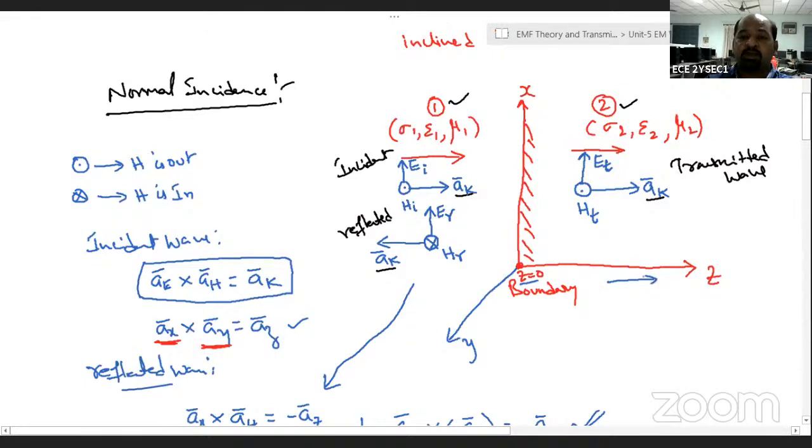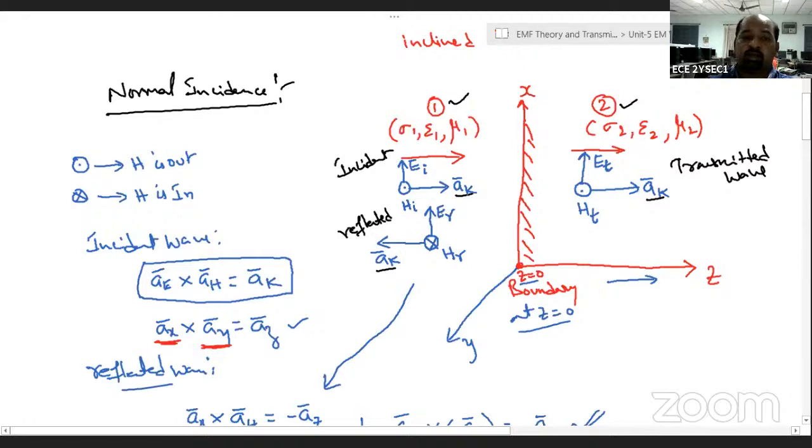We can represent the incident wave, reflected wave, and the transmitted wave like this, as shown in the figure. The incident wave consists of incident electric field EI and incident magnetic field HI, and k bar indicates the direction of wave propagation.